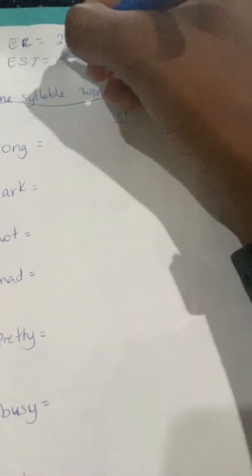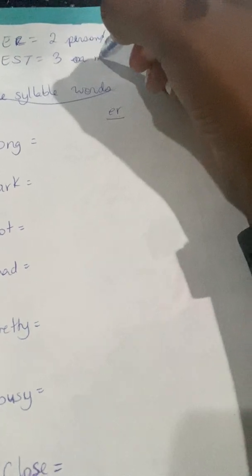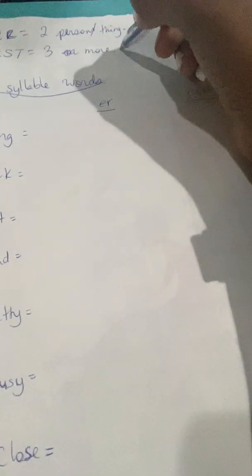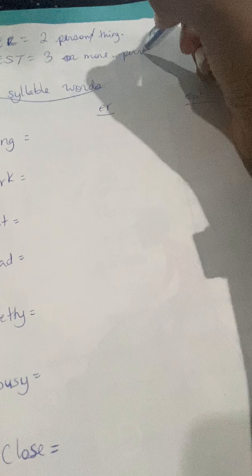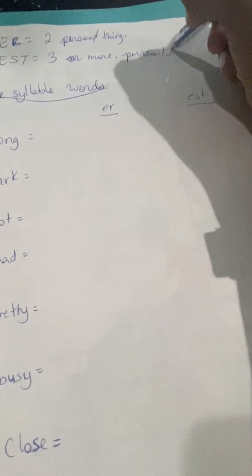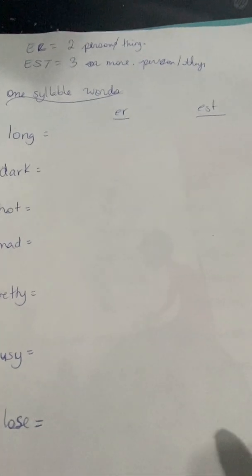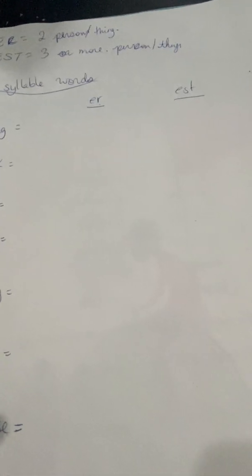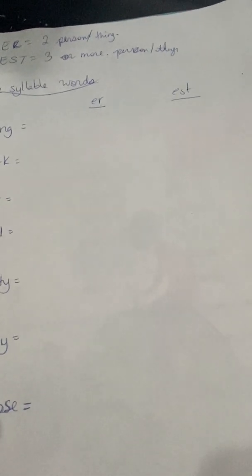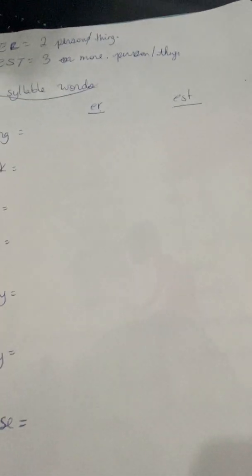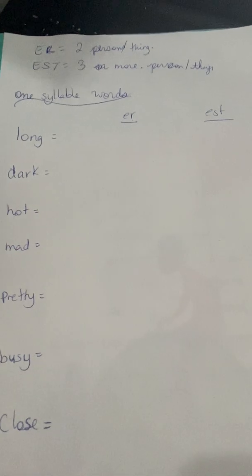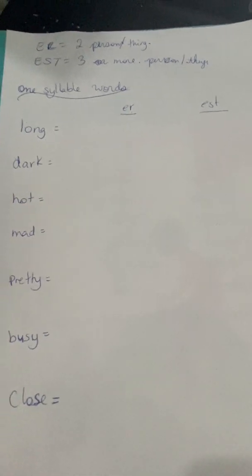And then we use EST when we're comparing three or more persons or things. So if I want to compare Lene with the entire class, or William with his entire volleyball team, I will then use EST instead of ER.